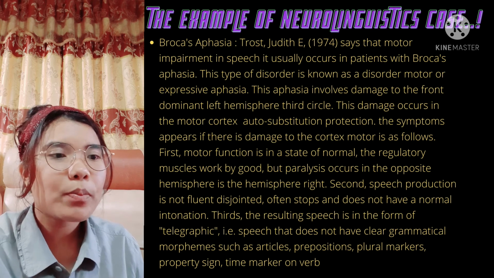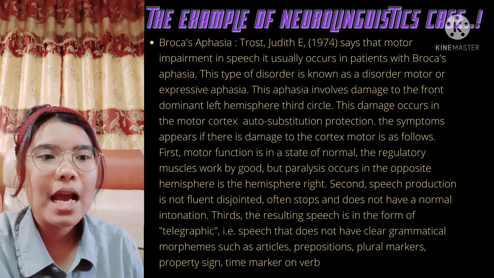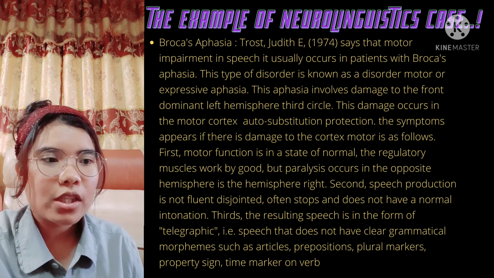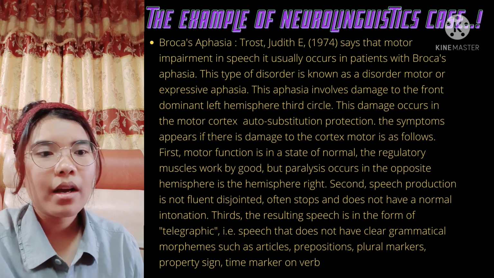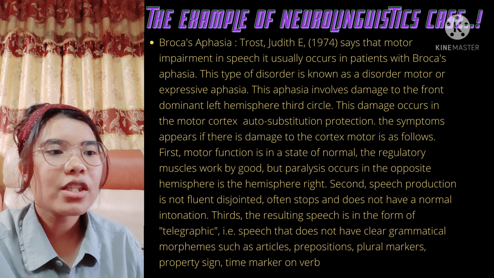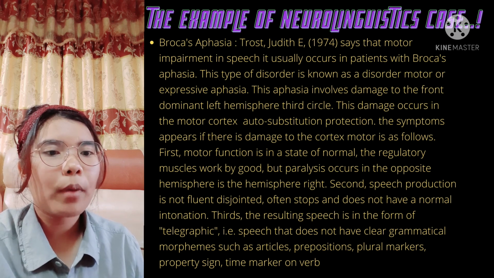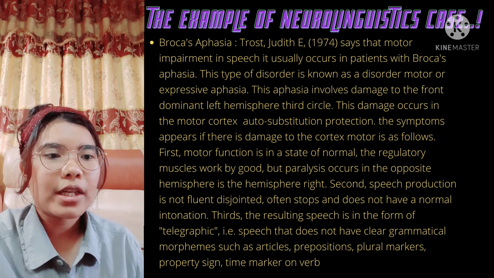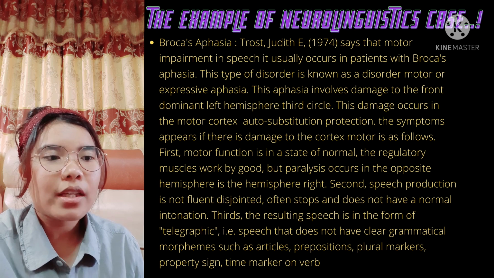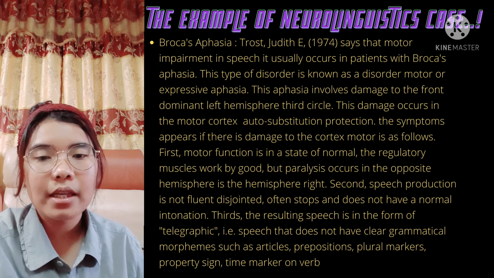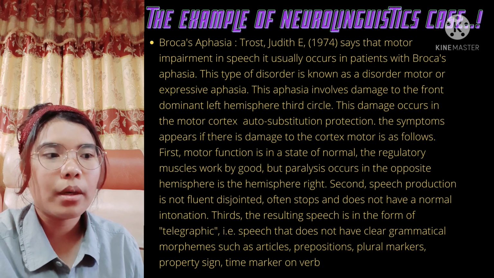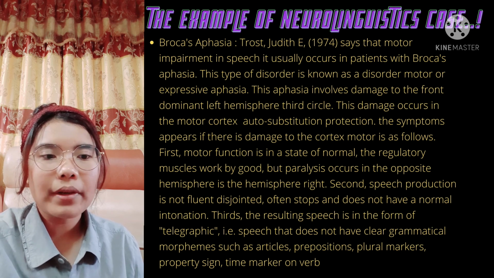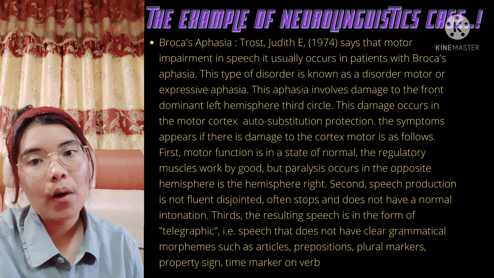Second, speech production is not fluent, disjointed, often stops and does not have a normal intonation. Third, the resulting speech is in the form of telegraphic speech, for example, speech that does not have clear grammatical morphemes such as article, preposition, plural marker, possessive signs, time marker on verb.